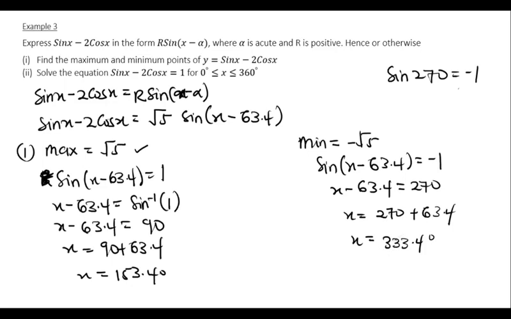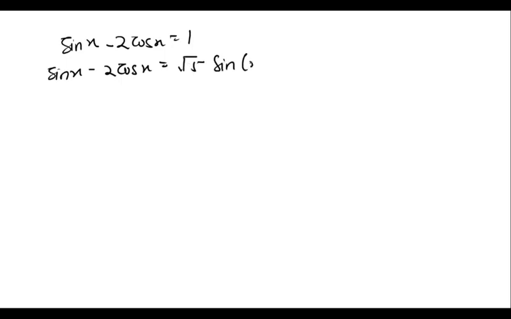All right, let's solve the II aspect, that is the equation sine x minus 2 cos x is equal to 1. Now remember we said sine x minus 2 cos x, we expressed it in the form √5 sine x minus 63.4 degrees.